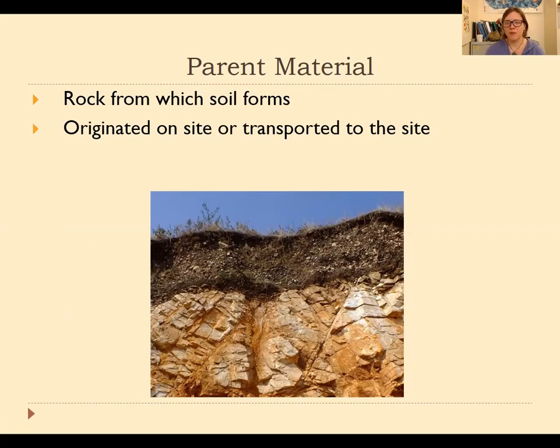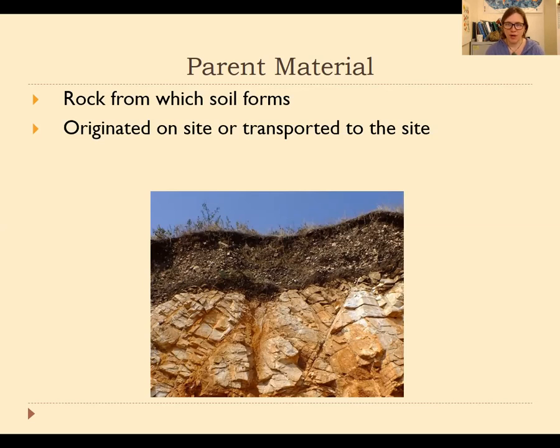So sometimes we might see this along river channels where we have a bunch of rocky boulders and material that's being moved down through the river system. And when that material is deposited, it can form a parent material in the place where it got dropped off by the river, even though that's not the place where those rocks originally came from. So in either case, we consider those parent materials.